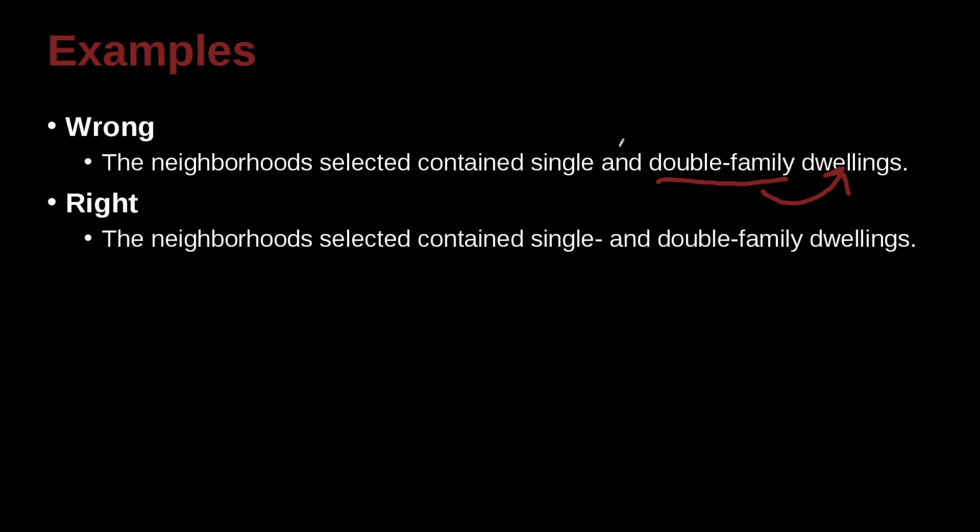However, we could put family here, use a hyphen and then write single family and double hyphen family, but to save space we just write single with the hyphen here and then double with the hyphen here, but then family we only include once here, but the idea is this family also belongs here, so it's single and double family, but you must remember to put the hyphen in there. So dwellings have the two types, double family and single family, so that is correct.